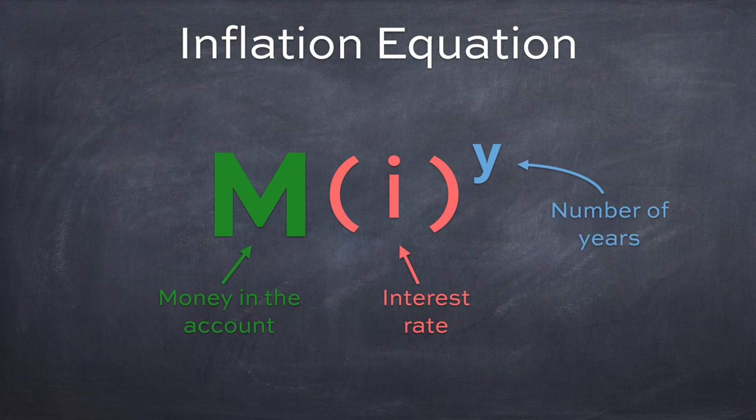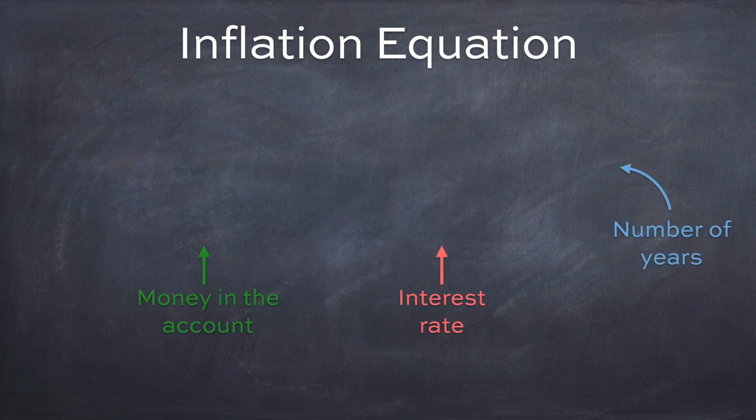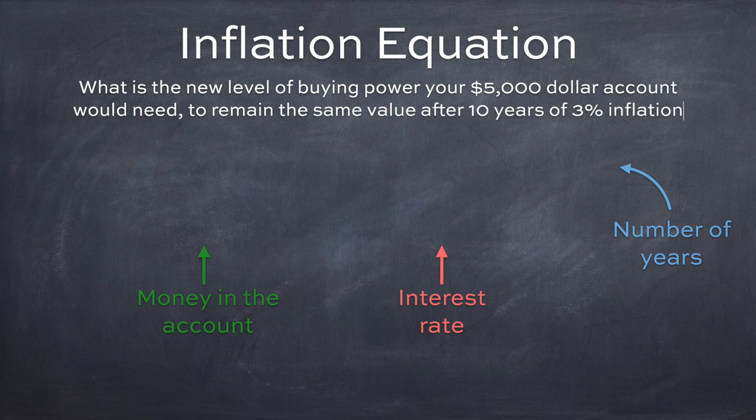So you only need to know three things to plug into this equation. And so let's look at that original problem again. What is the new level of buying power your $5,000 account would need to remain at the same value after 10 years of 3% inflation? So we only need to find three things.